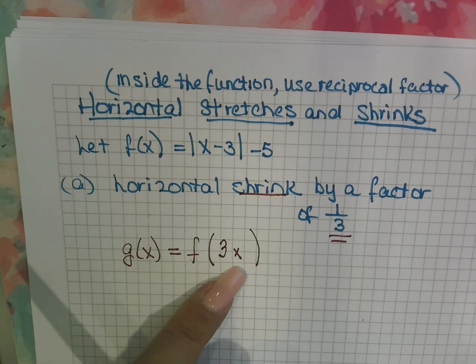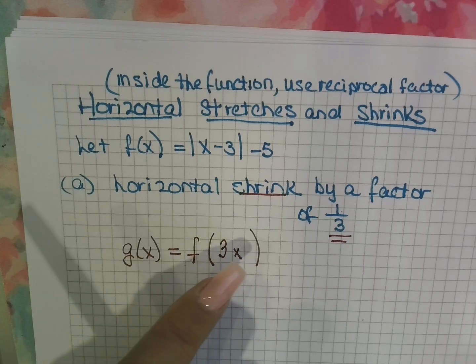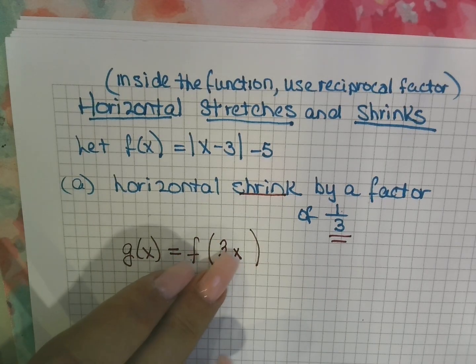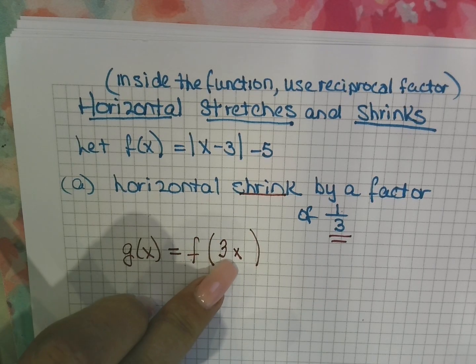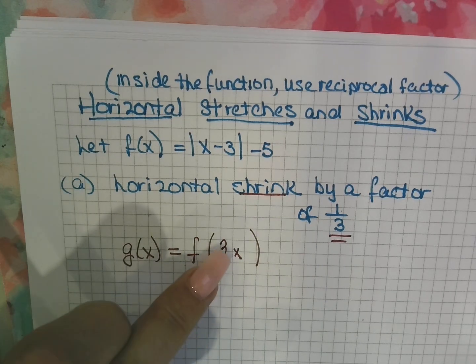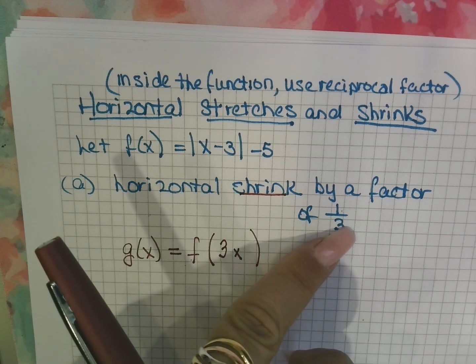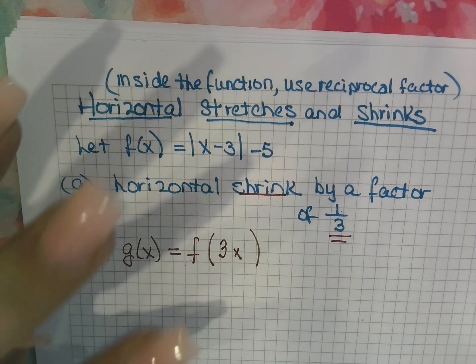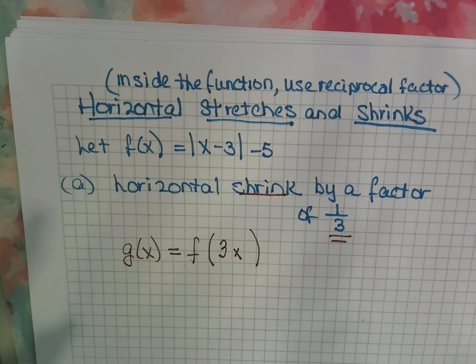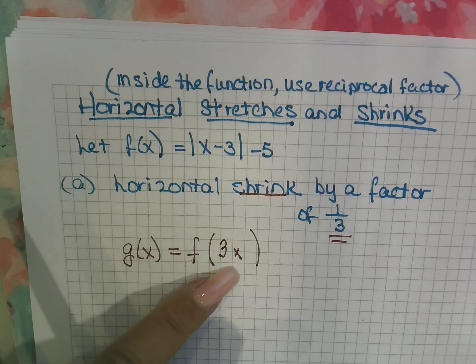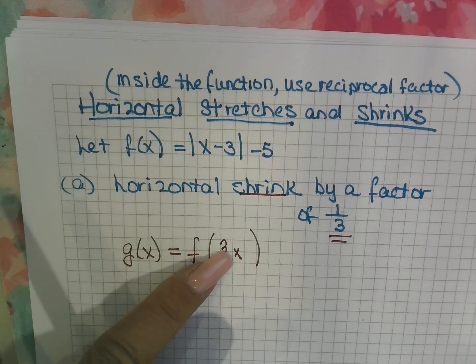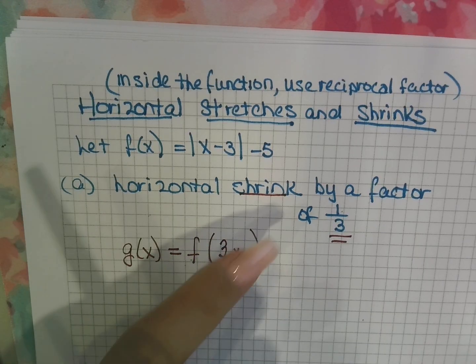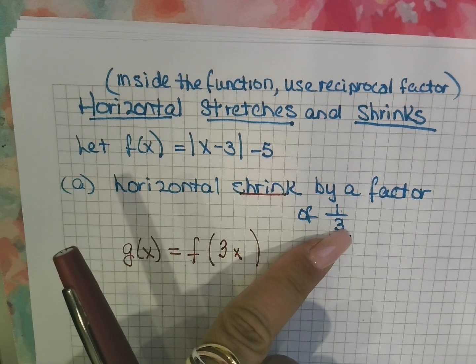When it occurs inside the function like this, it is being shrunk, even though 3 is bigger than 1/3. It is being shrunk by a factor of 1/3, even though you see a 3. I know, it's counterintuitive, kind of like when we did addition and subtraction inside the function, it was the opposite of what we saw. If it's being multiplied by a 3, it's actually being shrunk by a factor of 1/3.